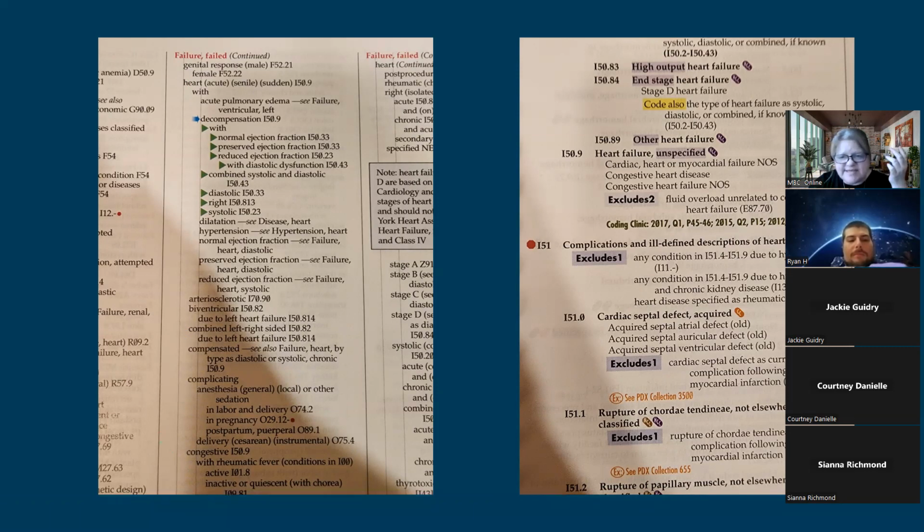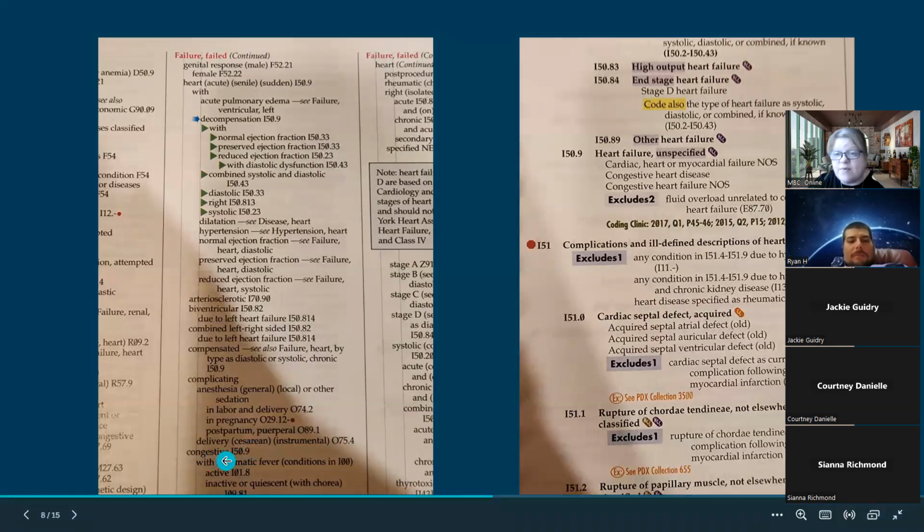Our scenario doesn't say anything about rheumatic fever, inactive or quiescent. So that's where I would start. Congestive, I50.9. That's where I would start with my tabular, because that's the most specific thing, the most accurate to what we're working with. Regular old congestive heart failure.